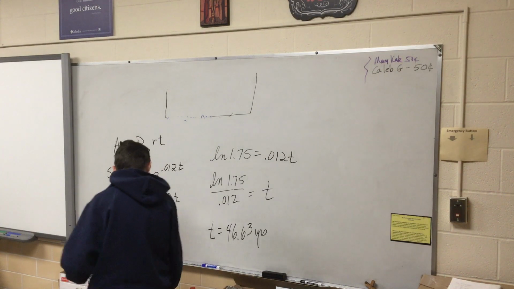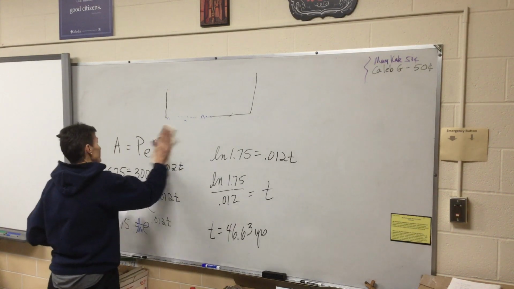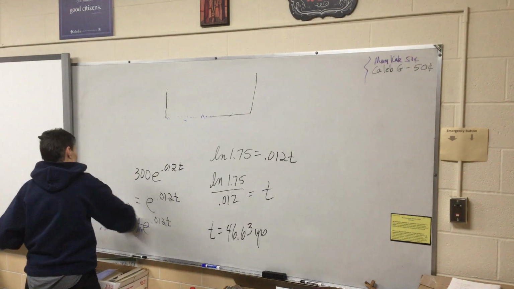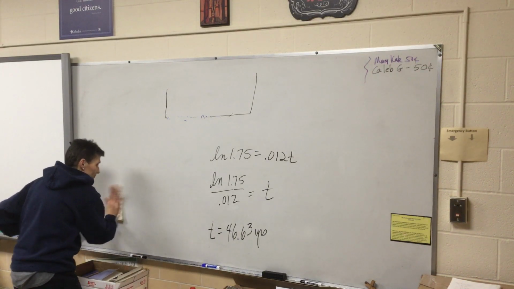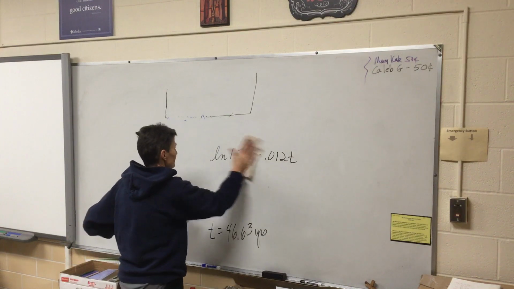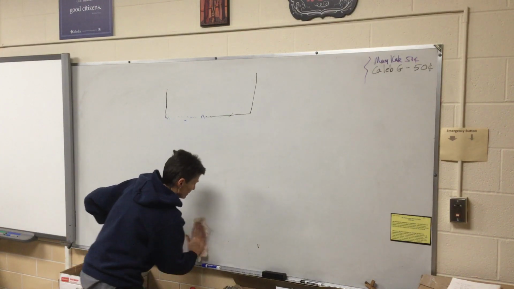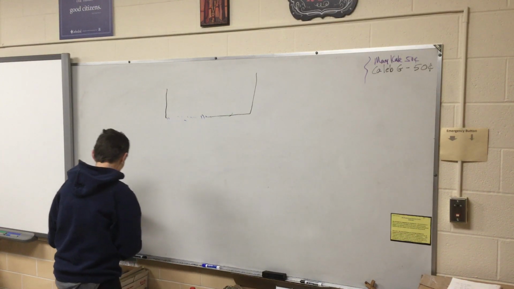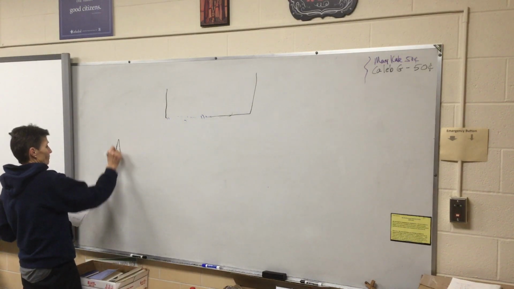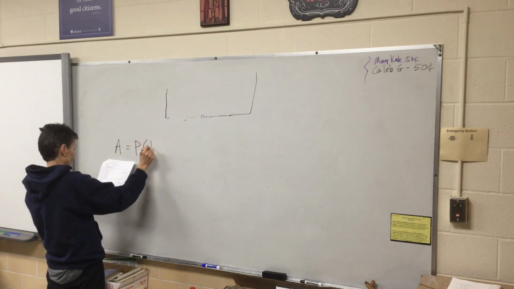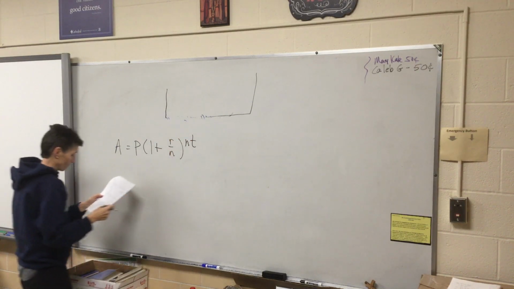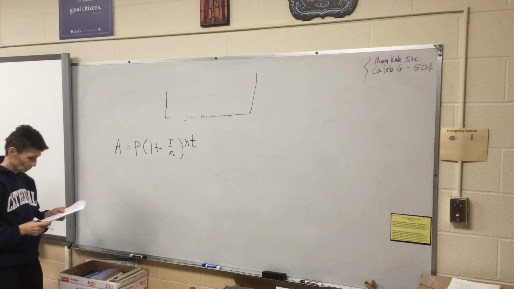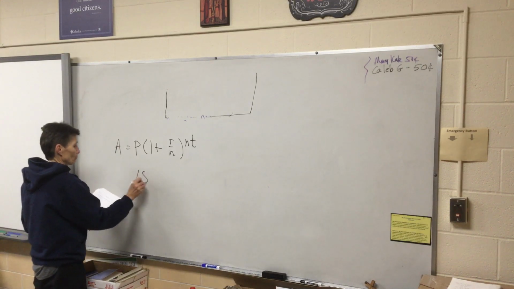All right, number 2. First thing, read it and figure out what formula you're using. Compounded quarterly is the first one. Yep. So let's write that down again. Start plugging stuff in. So 650 is P. Perfect.